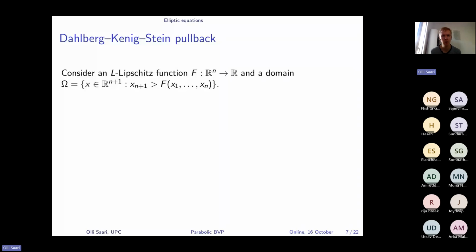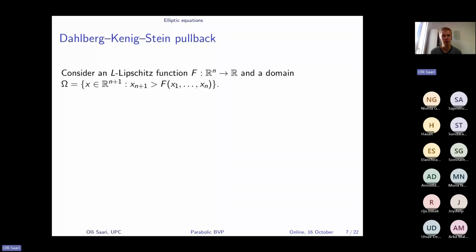The most elementary one is that if we have the epigraph of an L-Lipschitz function f, then we just subtract from the last, n plus first, coordinate the graph function, and then this transformation converts the domain into the upper half space.